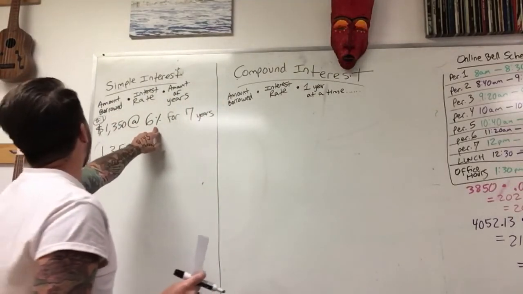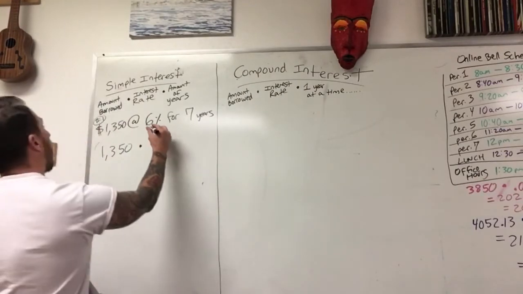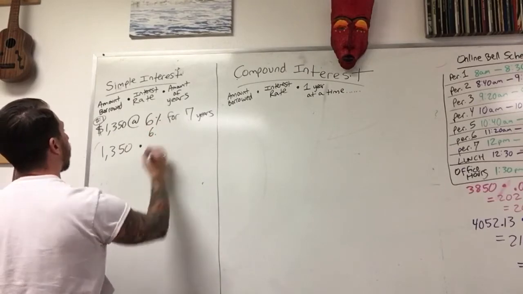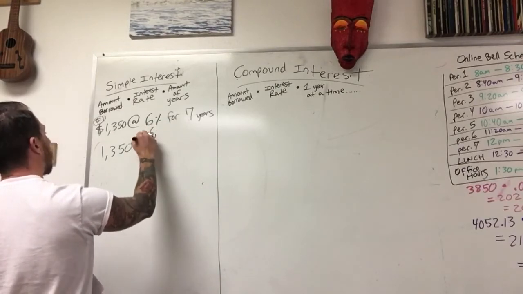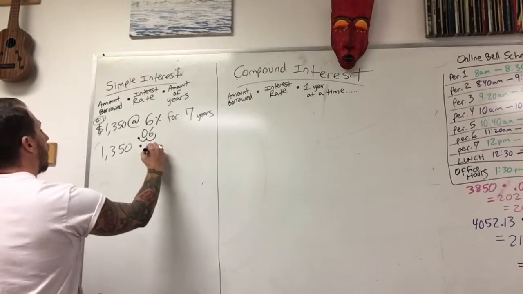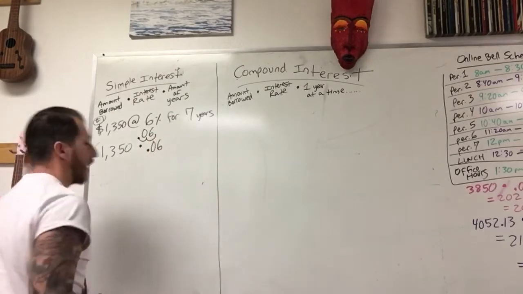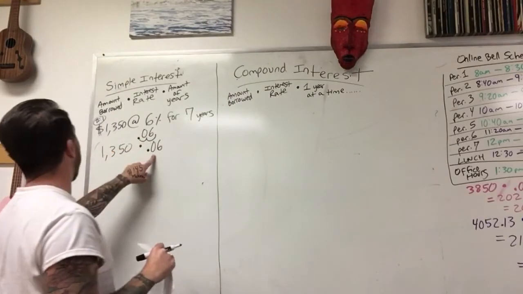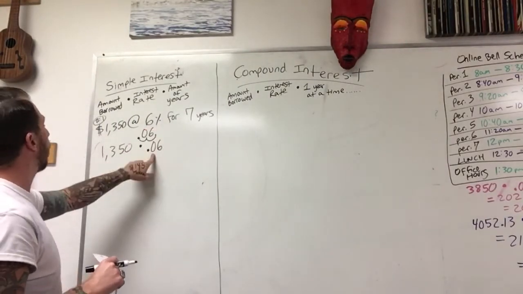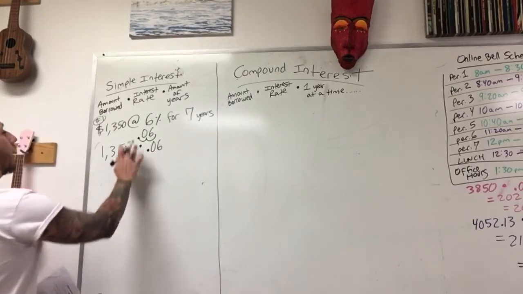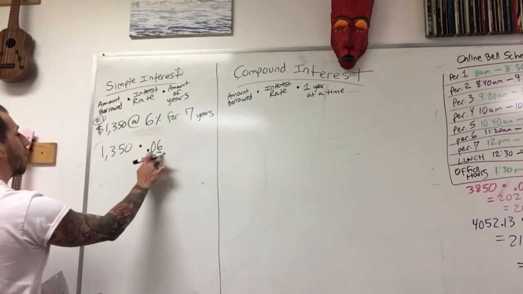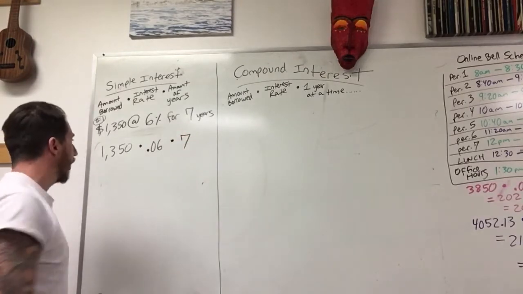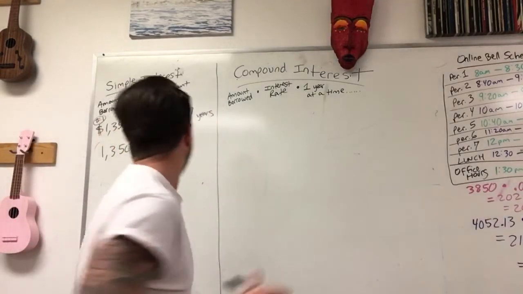We have to convert that into a decimal, so we move the decimal 2 places to the left, giving 0.06. Then for 7 years, we multiply that by 7, and that should give us our simple interest.